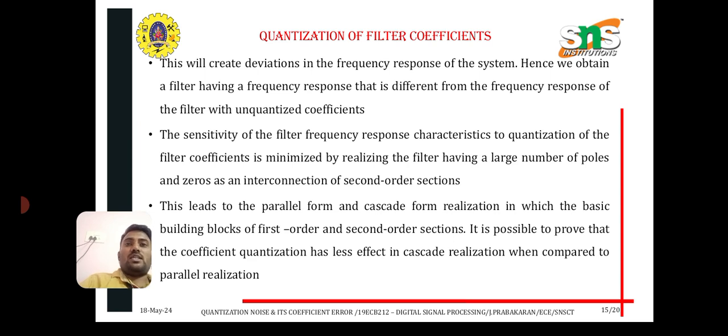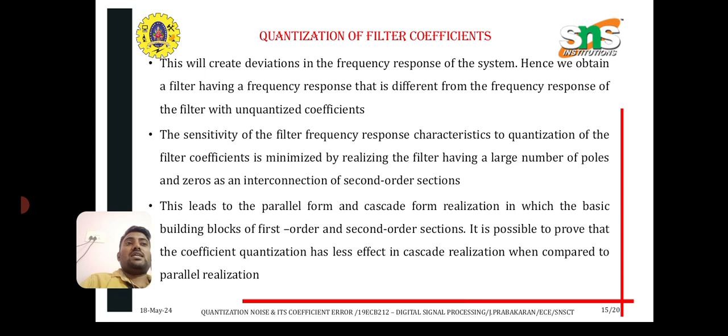The impact of quantization coefficient error is frequency response alteration, stability issues, and also noise. Quantization of coefficients can introduce additional noise into the system, degrading the overall signal quality. Quantization coefficient error is an important consideration in the design and implementation of digital filters and other DSP systems.